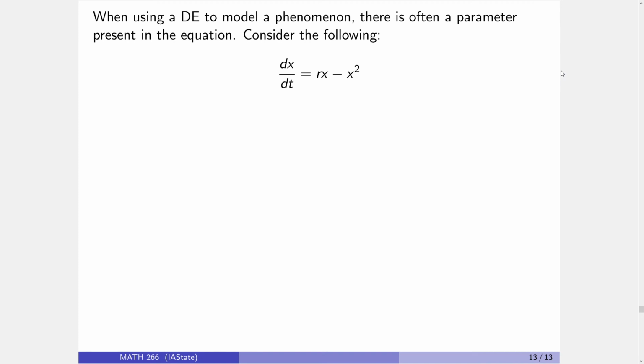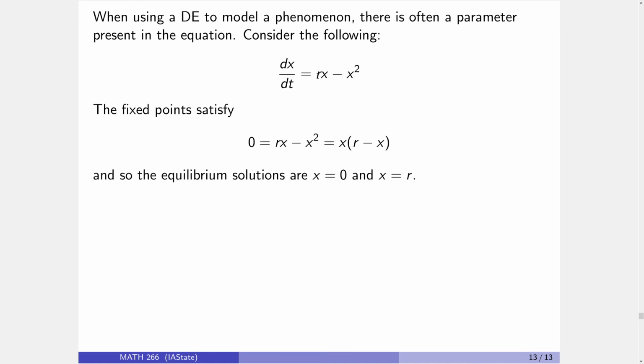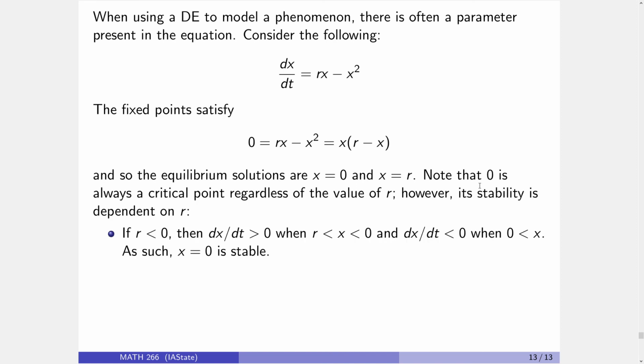Note there is a parameter r here, and note the fixed points: set this equal to 0 and solve. There are potentially two fixed points. 0 is always a fixed point, and r is always a fixed point. The stability of the fixed point 0 in particular is going to change as r changes. This fixed point always exists, but its stability is dependent upon r.